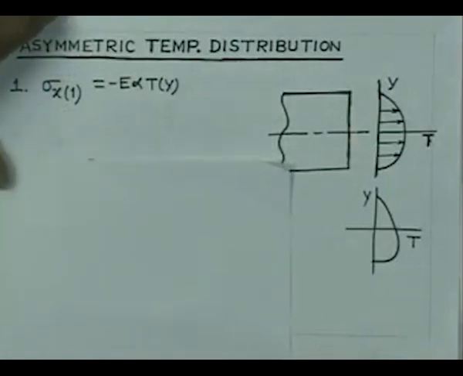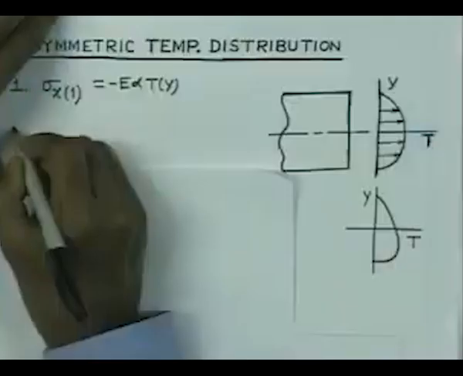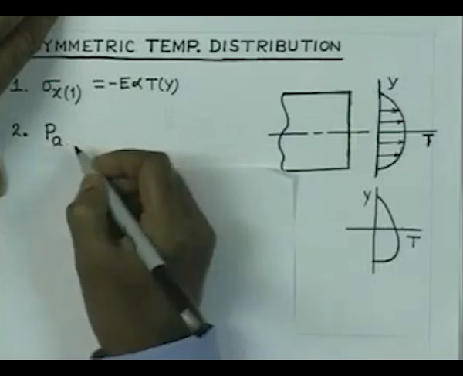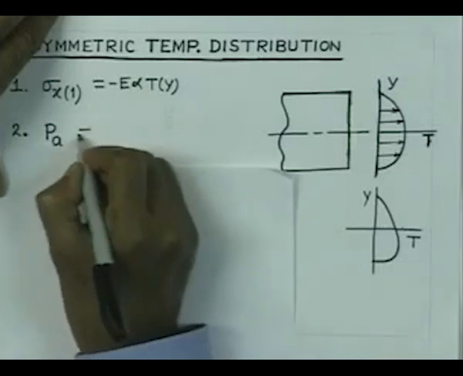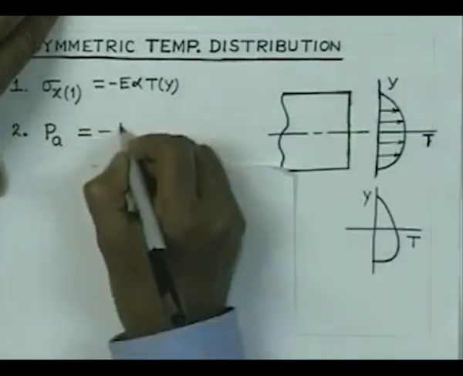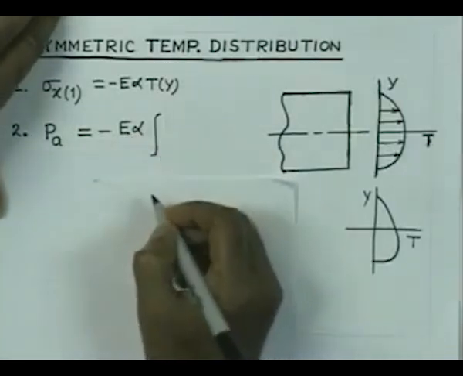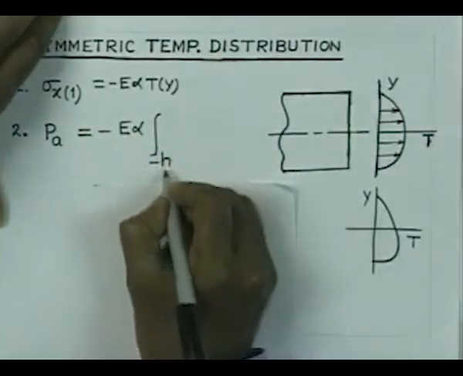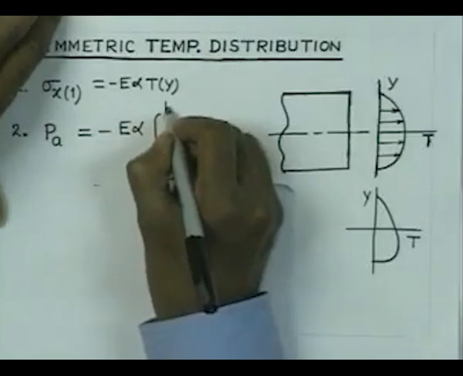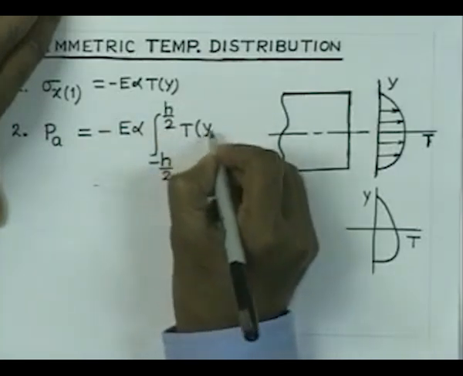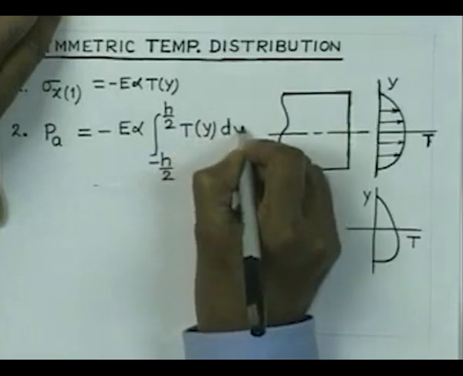Now, if we calculate the total force arising out of this compression, let us again represent the force to be Pa, and therefore, it is given by minus E alpha times the integral from minus h by 2 to plus h by 2 of Ty dy.